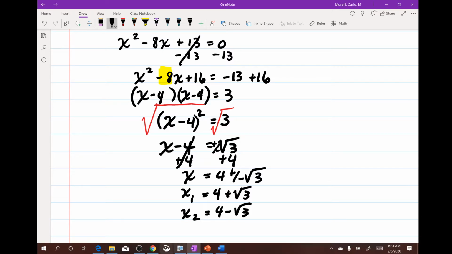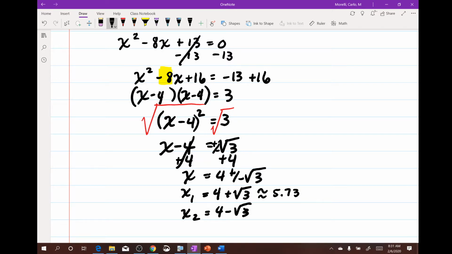So what we're going to do is use the graphing calculator here to just figure out what those are. 4 plus square root 3, and then I'll write it out to like 2 decimal places. That's 5.73. So we'll say that's approximately equal to 5.73. And then we have 4 minus the square root of 3.